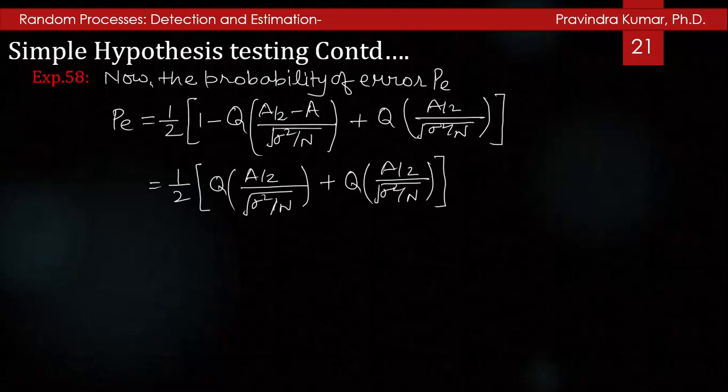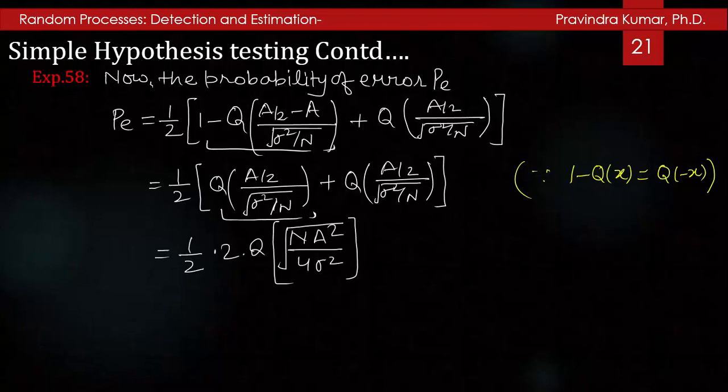So we can write it as 1 by 2 times [Q of A by 2 divided by under root sigma square by n plus Q of A by 2 divided by under root sigma square by n], because 1 minus Q(x) is equal to Q(minus x). So from this you may have this quantity.